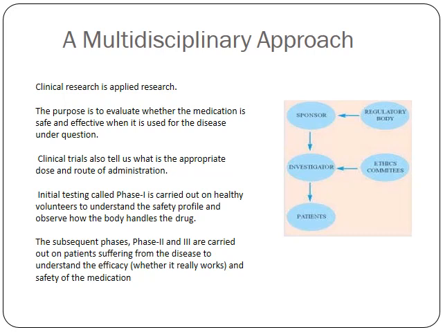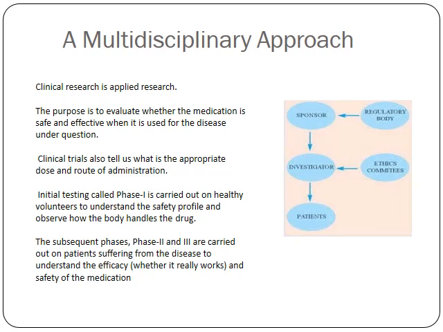So what is the purpose of research? The purpose of research is basically to evaluate whether a medication is safe and effective when it is used for the disease in question, which means that when we conduct any clinical trial, we are actually doing research. Clinical trials tell us what is the appropriate dose and the route of administration of many medicines.